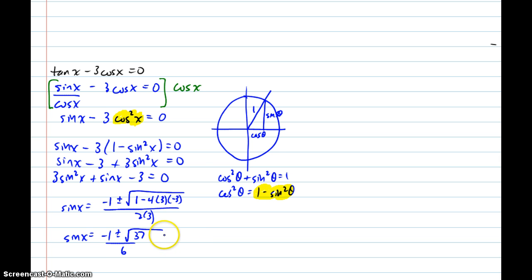And that's about as far as I'm going to go. I guess I could write this as a decimal approximation. So if I do negative 1 plus the square root of 37 divided by 6, I'm going to get about 0.847. I'm going to store that on my calculator so I can play with that one later.